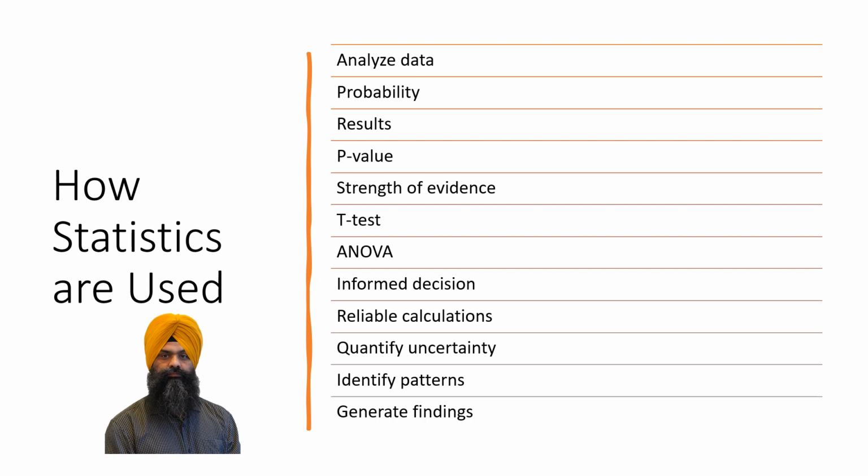These analyses enable researchers to make informed decisions about the validity of their hypothesis, ensuring robust and reliable conclusions. Through statistical methods, researchers quantify uncertainty, identify patterns, and generalize findings to broader populations. Overall, statistics plays a pivotal role in hypothesis testing, providing a quantitative foundation for drawing scientifically sound inferences from collected data.